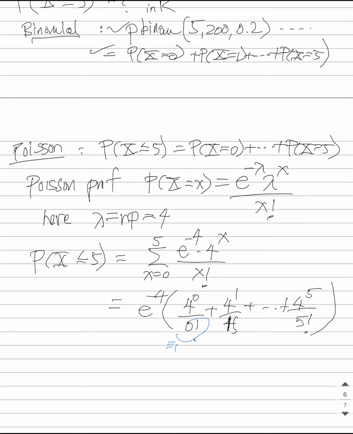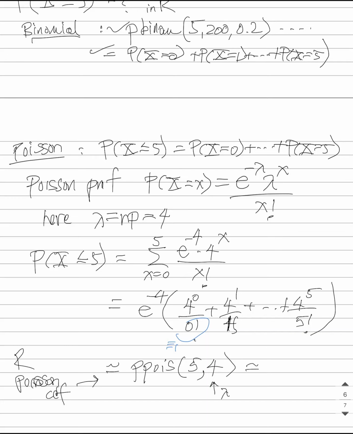As I've also shown on the attached sheet, you could use R with the Poisson CDF to get a number for this. You could do it directly with a calculator, or you could use the software R, with 5 successes and lambda 4 as our parameter.